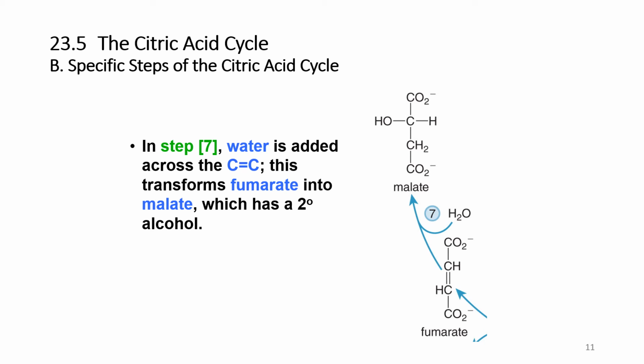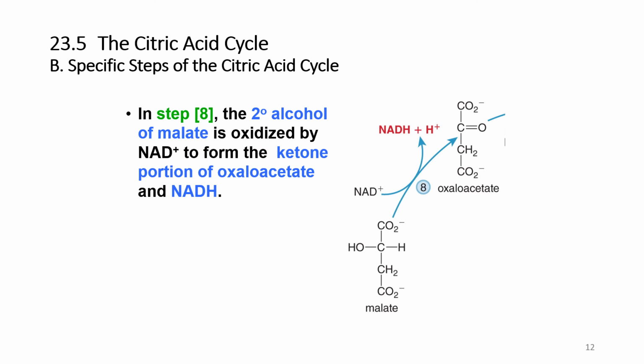In step 7, we are hydrating fumarate to form malate. So water is added across that double bond, and the product is malate, which is a secondary alcohol. So this is a hydration reaction. And the final step is reforming our sparking compound, oxaloacetate. So without oxaloacetate, the citric acid cycle cannot run.